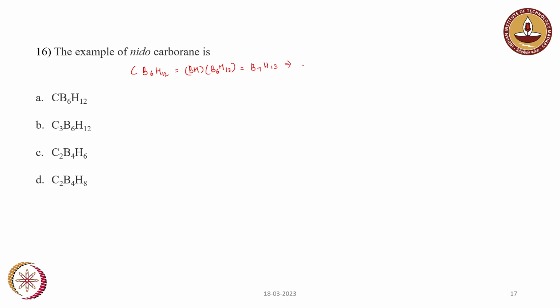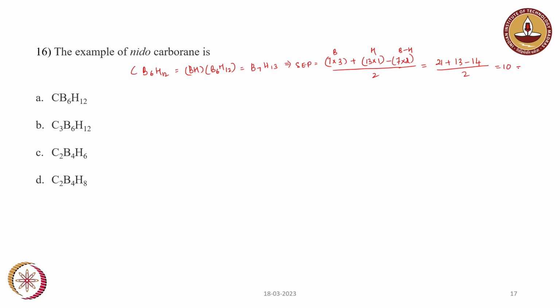So SEP will be 7 into 3 for boron plus 13 hydrogen minus 7 BH units, that is equal to 21 plus 13 minus 14, divided by 2, which is equal to 10.